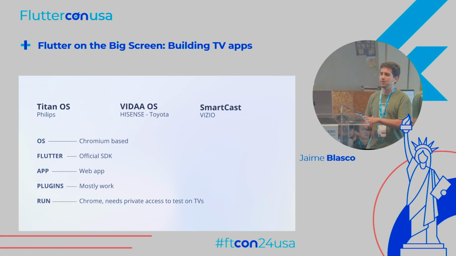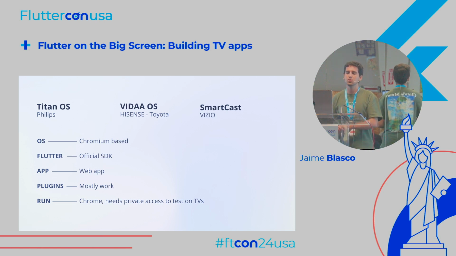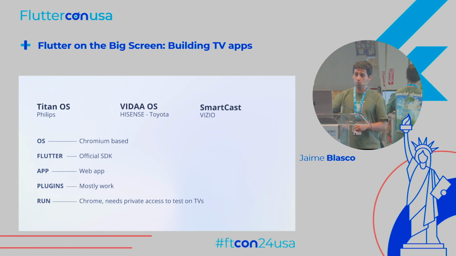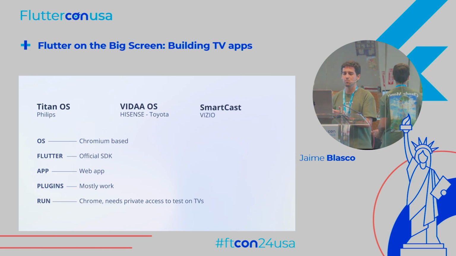It's more closed. They don't want to publish so many apps, but more quality apps. So you might need to reach out and create a partnership with them, and they will allow you to access their tooling and everything. But basically, from what I could try, you can use the official SDK and build web apps, because all three ecosystems use web apps. Plugins again mostly work.